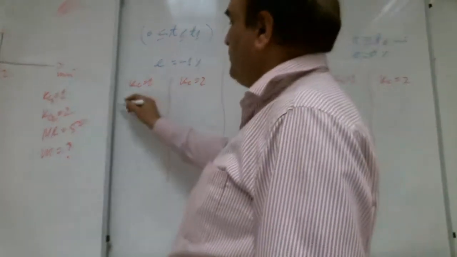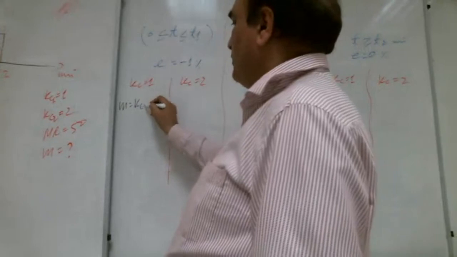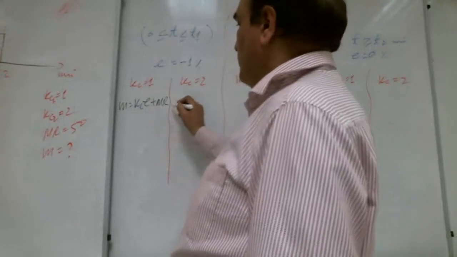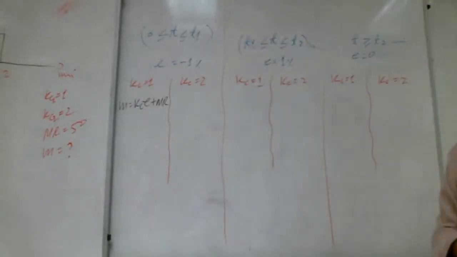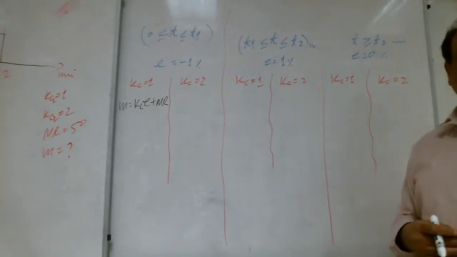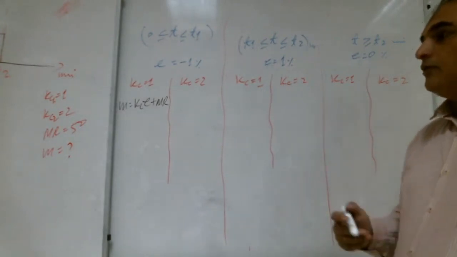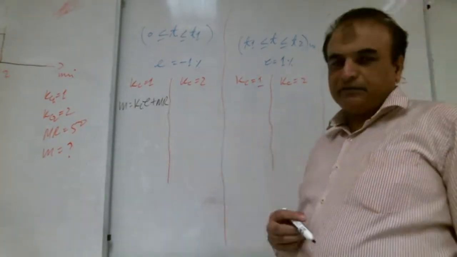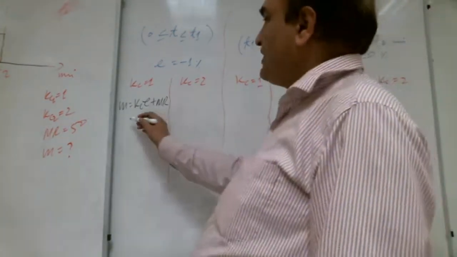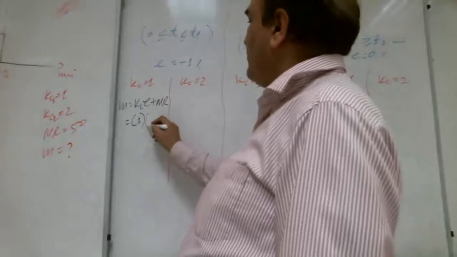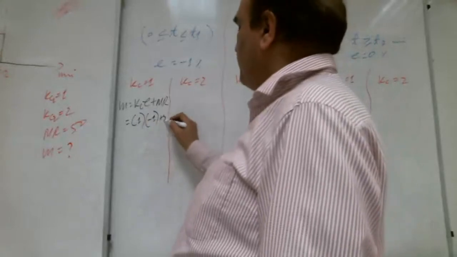Output is equal to what, Shabab? M is Kc times E plus MR. Yes, 50. So how much is KC1? 1. Error -1, MR 50.